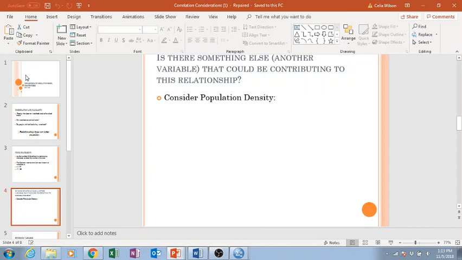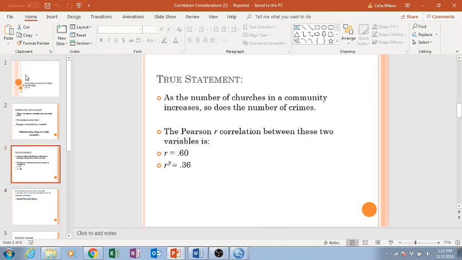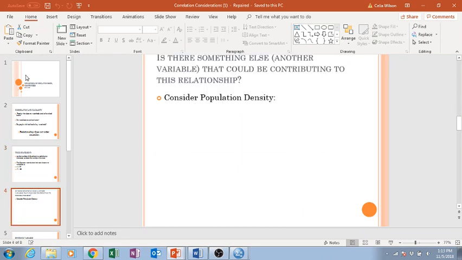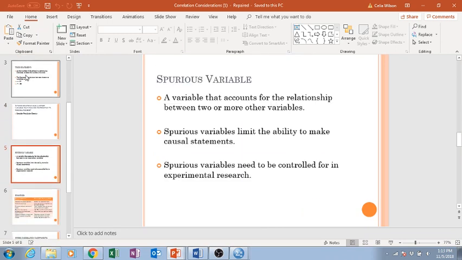So when a researcher is deciding what to correlate or what not to correlate, make sure to take into account all of the potential factors that might be contributing to that relationship. Otherwise, you might end up with something like this that looks like there's a relationship, but really there's not. It's population density.